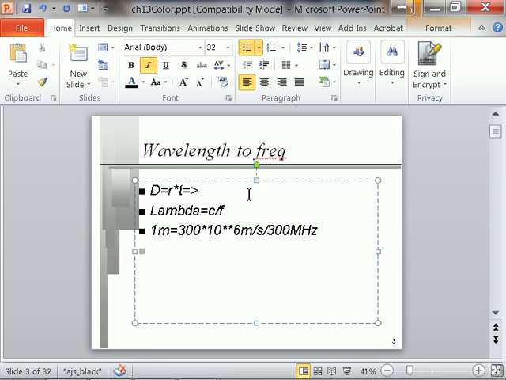If I'm running at 3,000 megahertz, that's 3 gigahertz, I'm going to be running at 1/10 of a meter. 1/10 of a meter is 10 centimeters, and there are 2.54 centimeters in an inch, so that's something on the order of 3 or so inches. So 3 inches at 3 gigahertz, thereabouts. I'm just ballparking it for you.